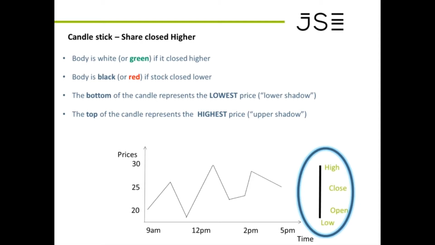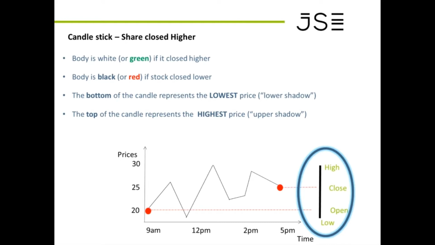Now, if we look at candlesticks, which is another option, so you've got the line chart, which is just your normal line, the bar chart, and now the candlestick. The candlestick shows certain colors, green and red, depending on what has happened during the movement of the day. At the opening, it's quite an important point with a candlestick. When it opens, should it close later in the day higher, it's going to give you a green body.